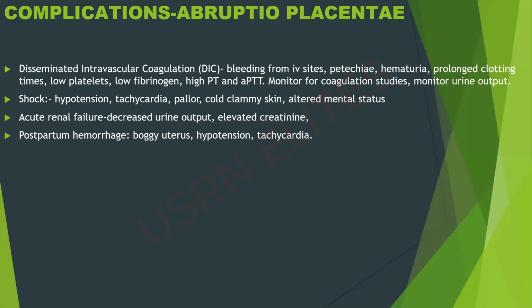So if the mother is, let's say, A negative, the mother can receive blood from O negative and A negative. How about A positive? A positive can receive blood from O positive or negative.